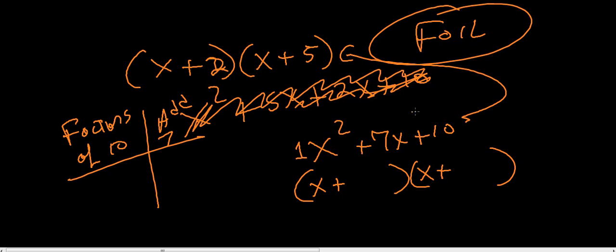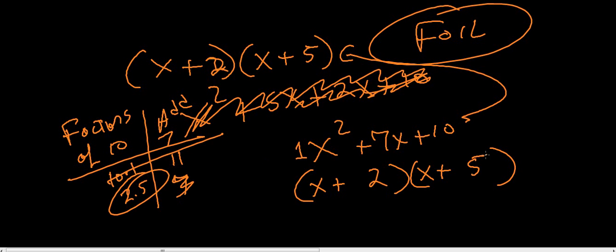And the reason we do that is, remember when we took this and pulled it out, we got x squared plus 7x plus 10. These two numbers are multiplied together, and that's where we got the 10. Then when we added 2 plus 5, that's where we got the 7. But let's just think about our factors of 10. Well, you've got 10 and 1, 2 and 5. 10 and 1 add up to 11, so that's not going to work. 2 plus 5 adds up to 7, so these are our factors. So you put in a 2 here and a 5 here.